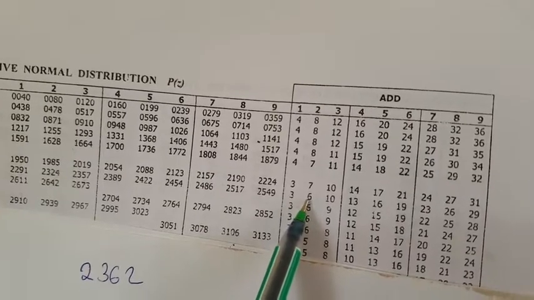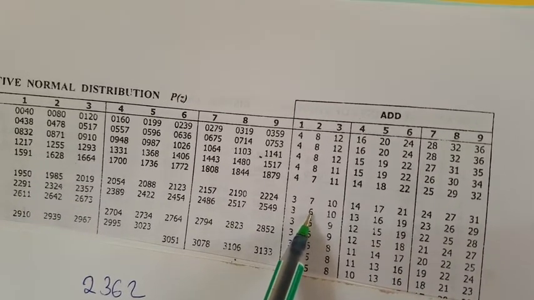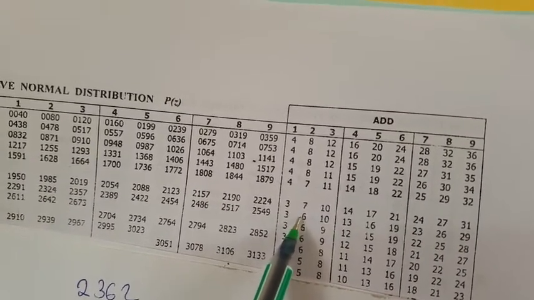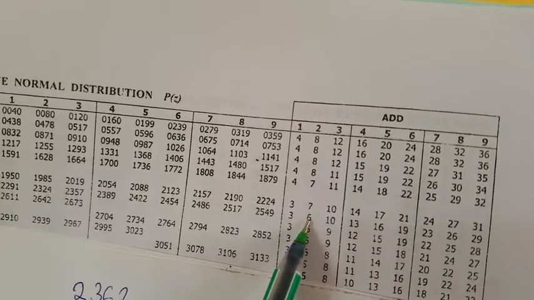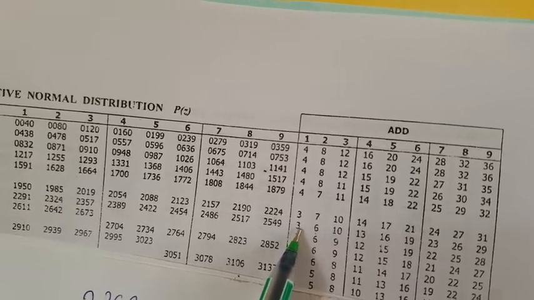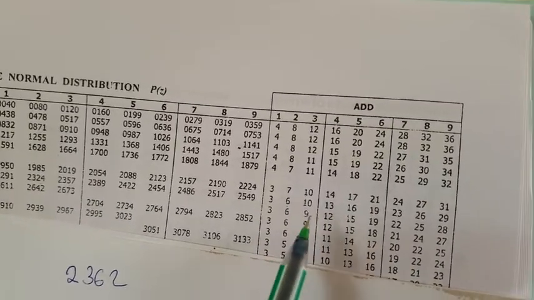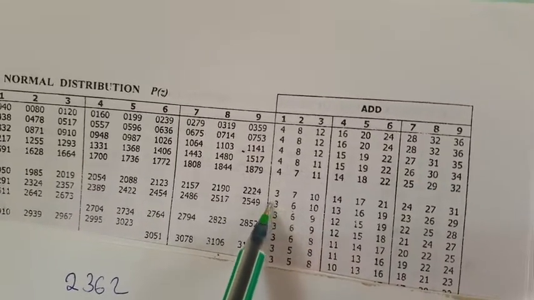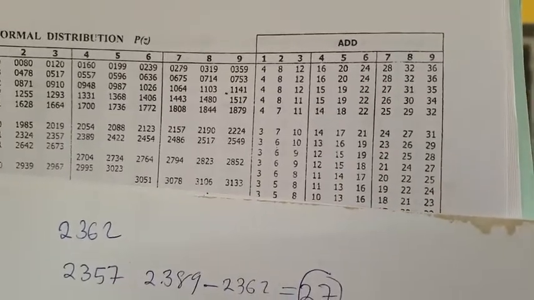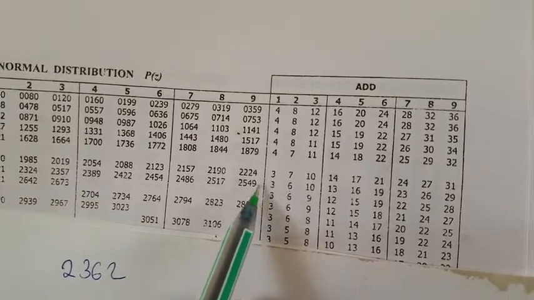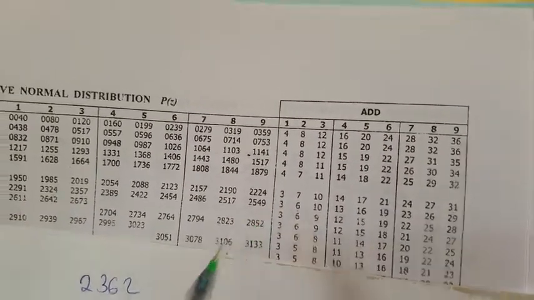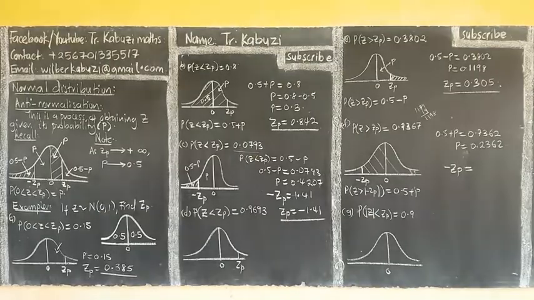But this one, to reach a 5, the difference here is 1. I think the difference here is 3. So now we take this one of 3, because this one has not reached it yet. So my answer is going to be that.